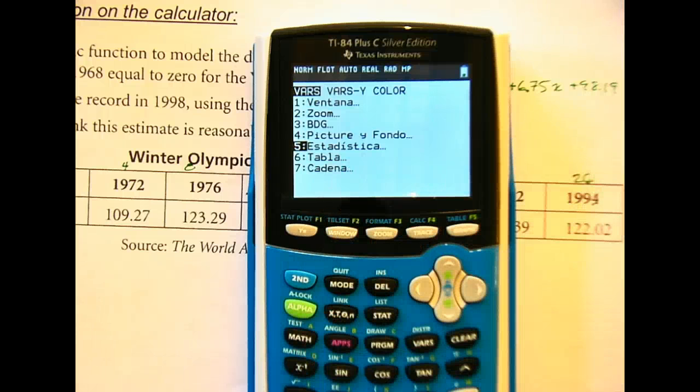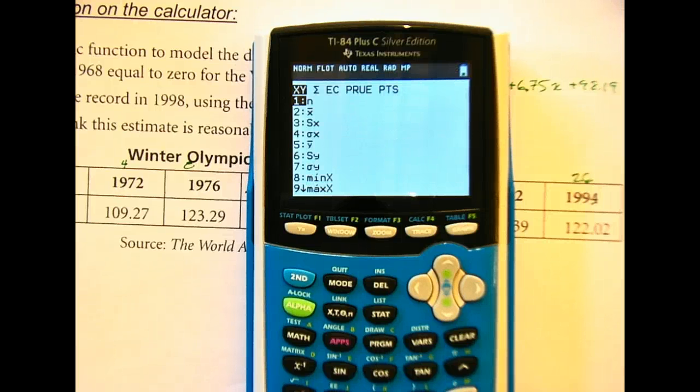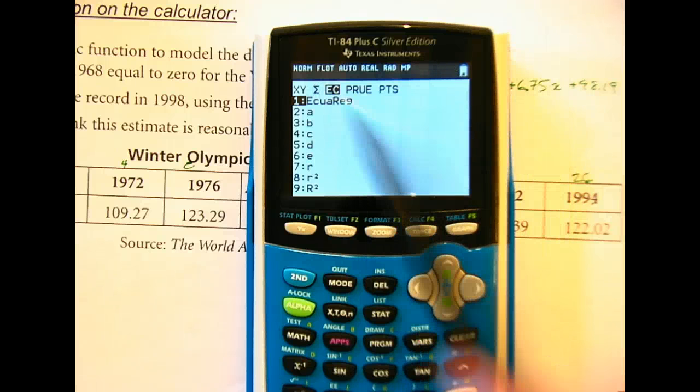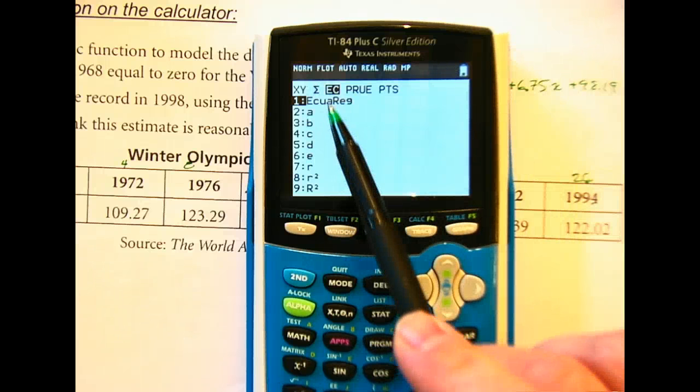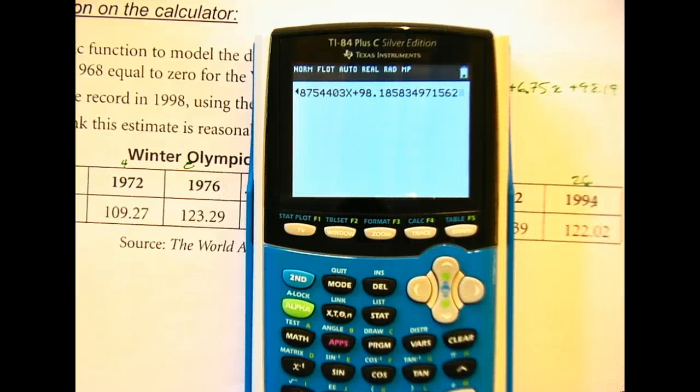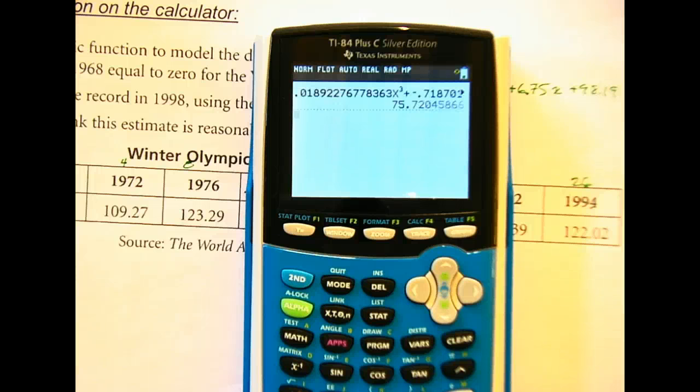Mine says it in Spanish. Okay? I think yours is statistics. And now you want to go over to where it says EQ, not EC. That should say EQ. And then the first one says regression equation. Good thing I actually have that memorized. Okay? And that is our regression equation.